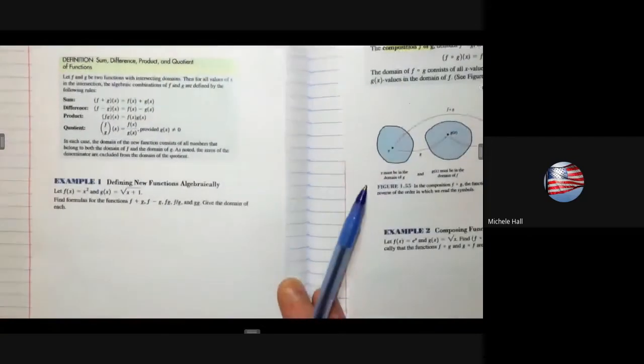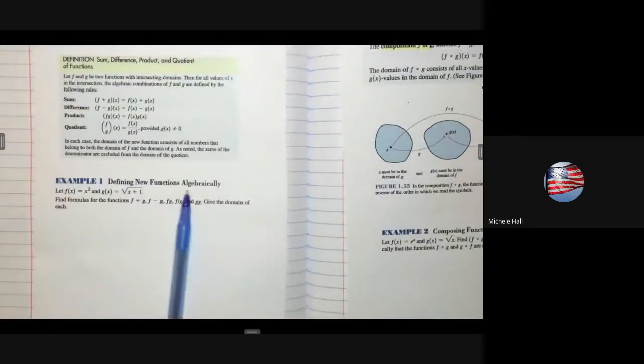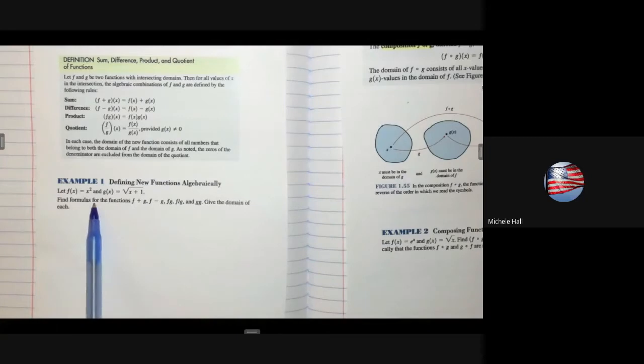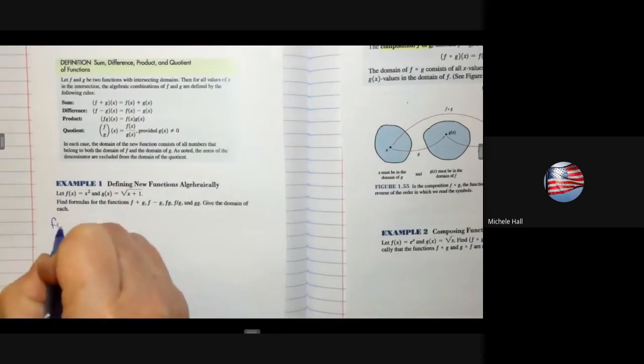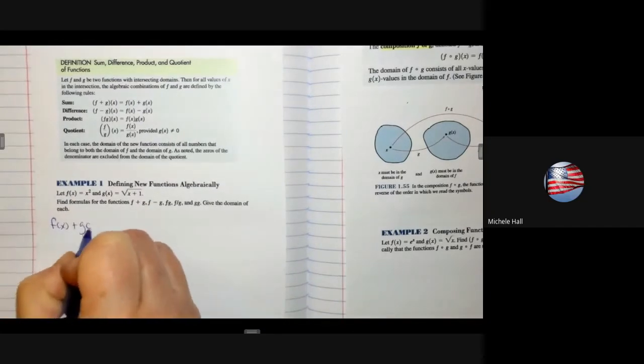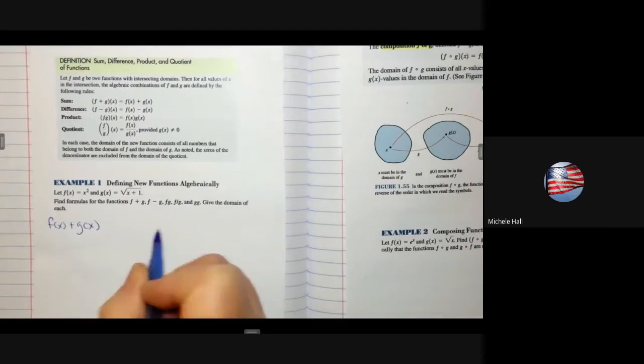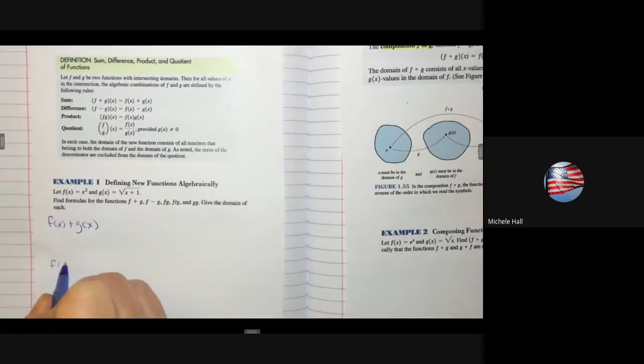Example 1, defining new functions algebraically. Let f of x equal x cubed and g of x equal the square root of x plus 1. Find the formulas for the functions. We have f plus g, so f of x plus g of x. We have f of x minus g of x.